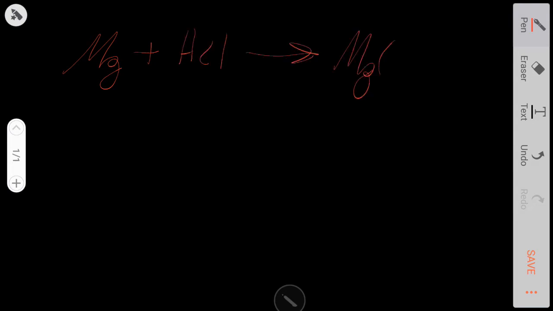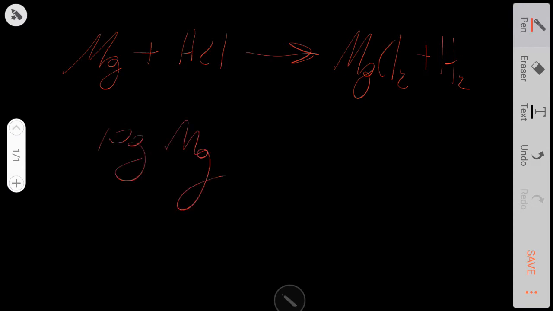Cool. So let's take into consideration our equation from video 1, which was magnesium plus HCl gives me MgCl2 plus H2. Now let's say I only have 10 grams of magnesium. That's a reactant.